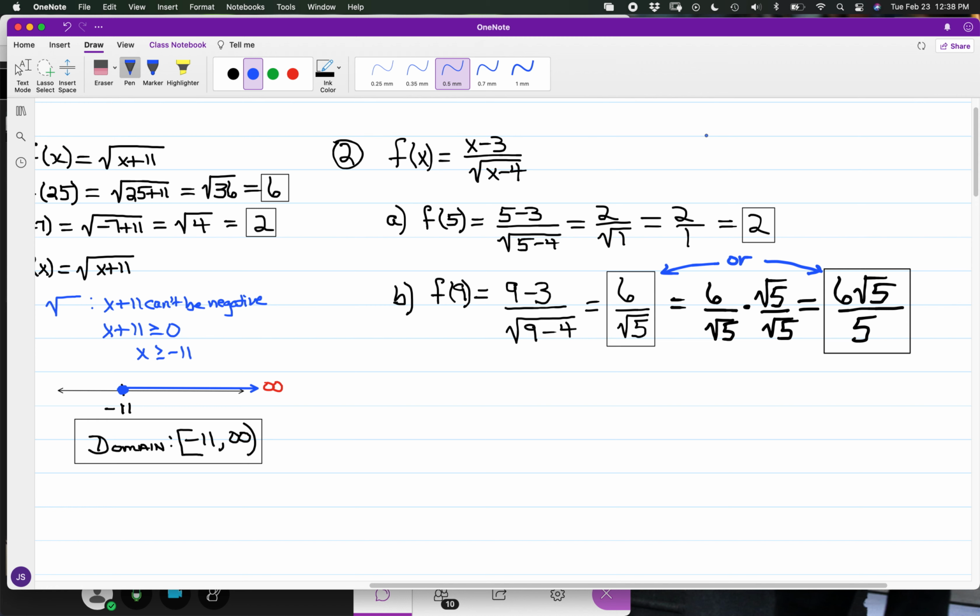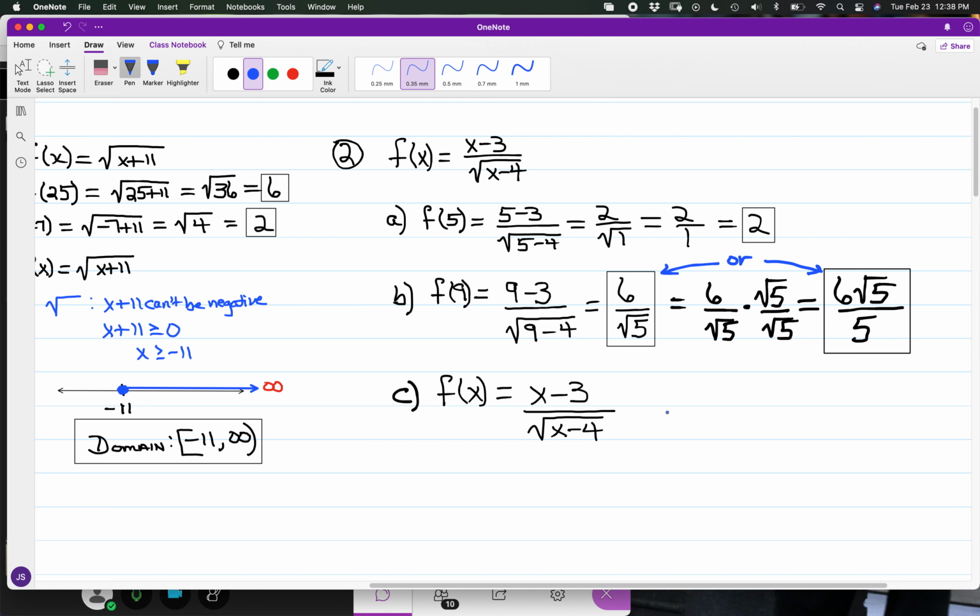Now for what we have in the case of the domain, to keep f of x as an expression that is defined in the real number system, the burden is going to lie with x minus 4.